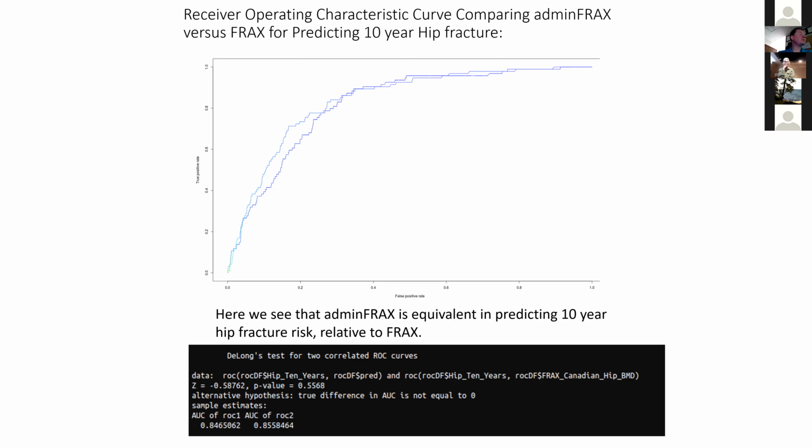Now, I don't have it in this presentation, but I'm currently working on the next version of this fracture predicting algorithm. So the current version is only using the administrative data based off of ICD-10 codes and any data tracked automatically by the Manitoba Health System. But the next version is taking all of the bone mineral density data acquired from the scanner on the first bone mineral density evaluation. And what's interesting about it is it's actually a bit better for predicting major osteoporotic fracture.